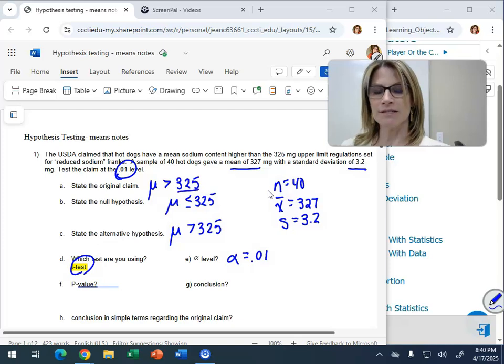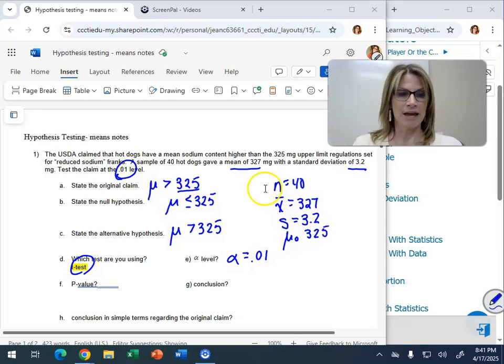And the mean that we're testing against is 325, and that will be called mu naught, 325. So write all of that down, and then we're going to pull up our calculator.